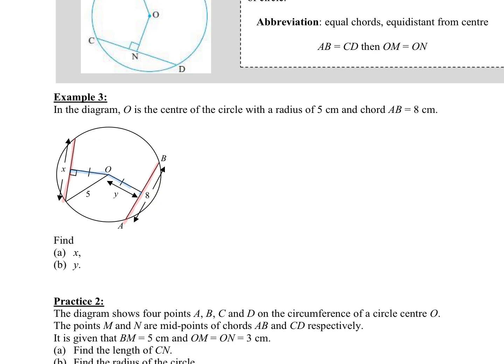Why is x equals to 8? Because the distance is the same. What property is that? The third one. Equal chords equidistant from center. They already tell you the distance from the center is the same. So the chord must be equal. So that's why you know it's 8.